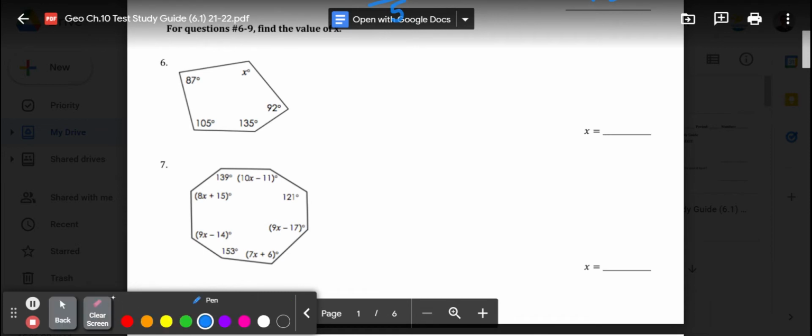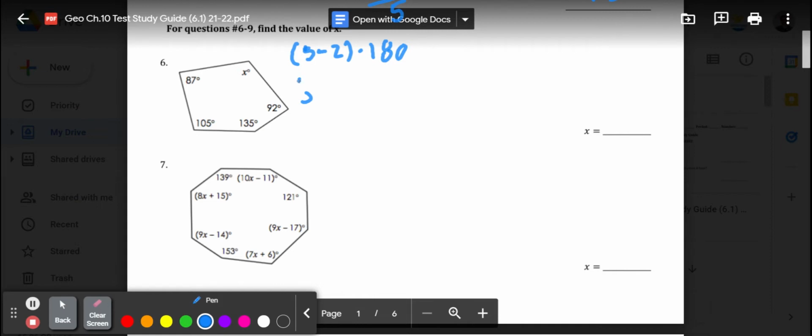All right, so for these next two, we're just going to figure out the sum of a 5-sided polygon. So that's 5 minus 2 times 180. So that's basically 3 times 180, so 540.